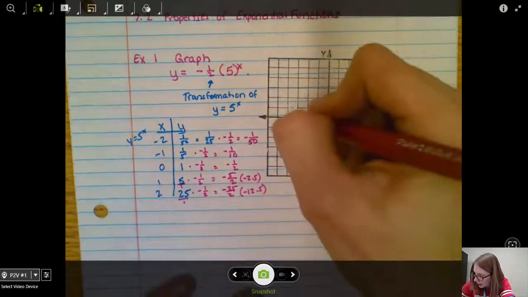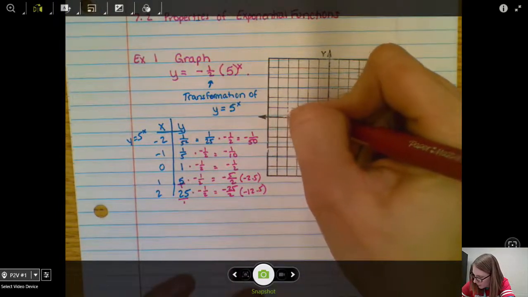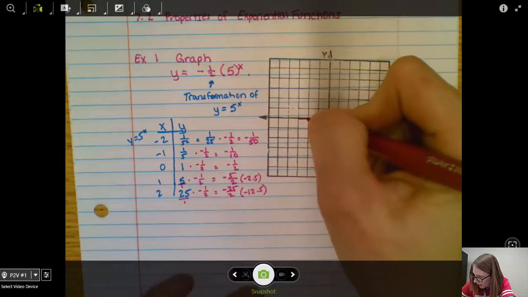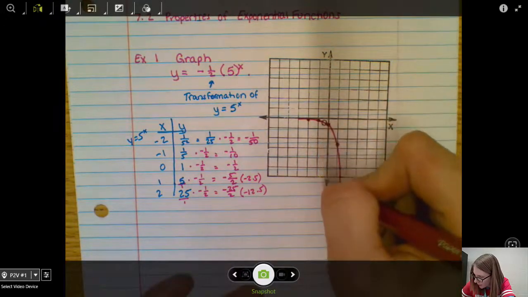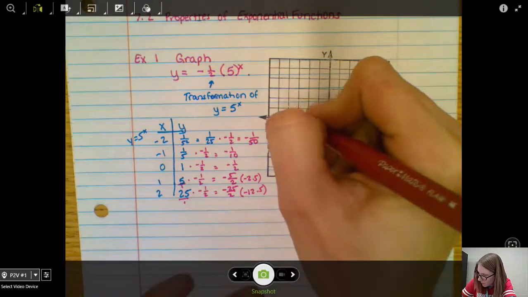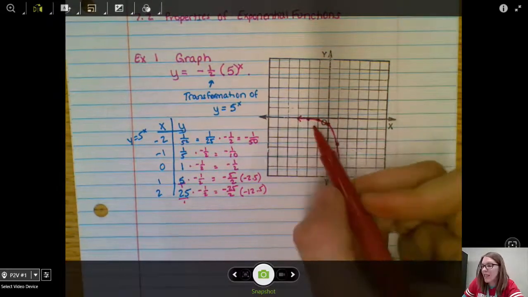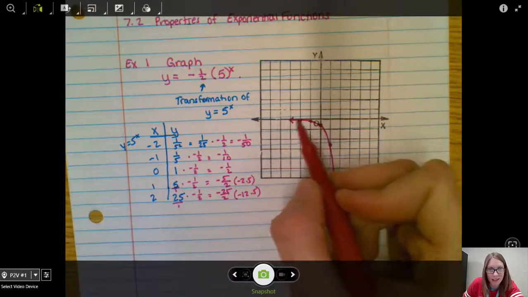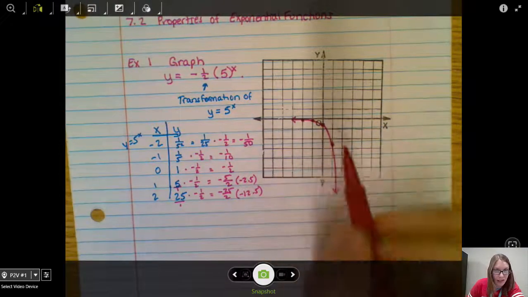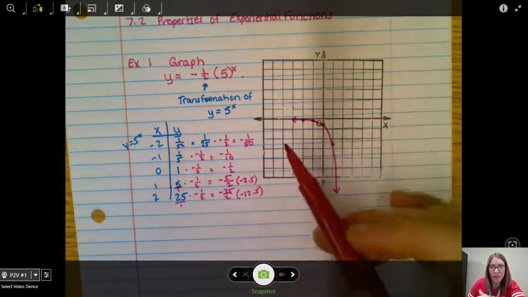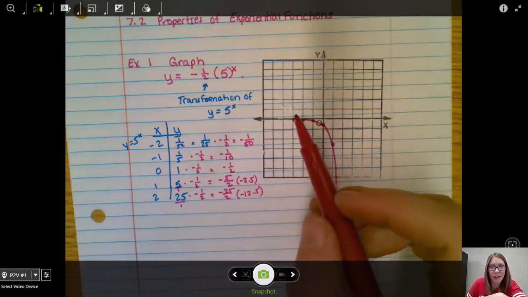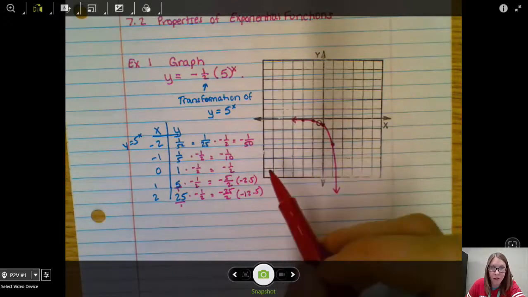So I'll just connect these dots. And keep in mind that we still will never cross the x-axis here. We want to make sure that our graph is not crossing the x-axis because we'll never have a value for x that would give us a positive y value.